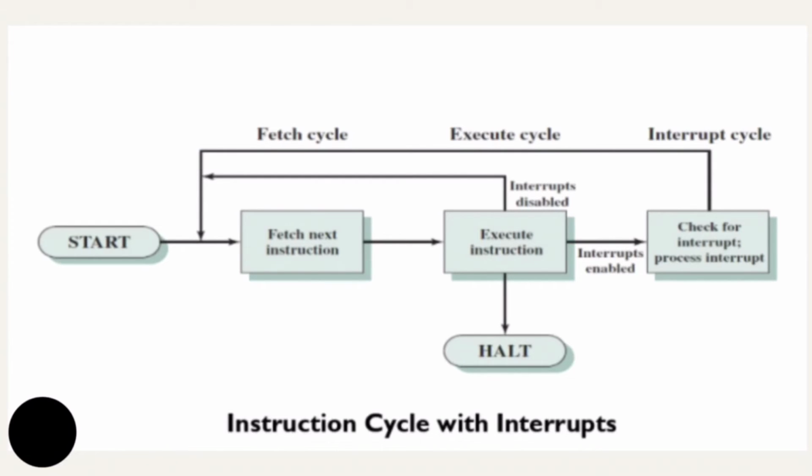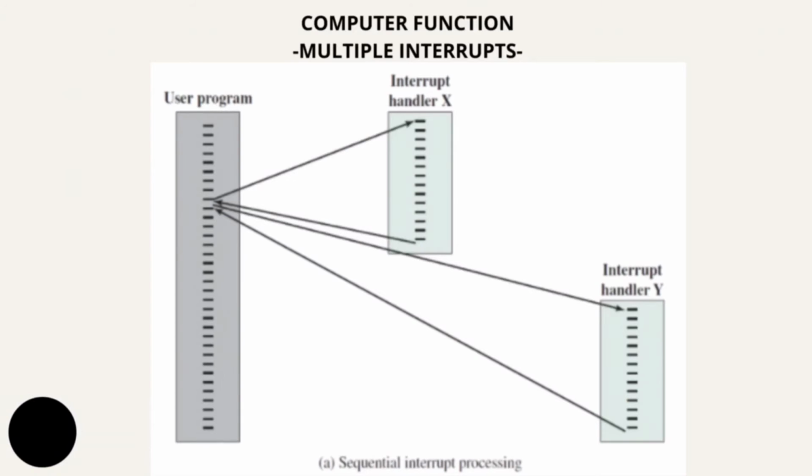Sequential interrupt processing. Disable interrupts while an interrupt is being processed. The processor can and will ignore that interrupt request signal. If an interrupt occurs during this time, it generally remains pending and will be checked by the processor after the processor has enabled interrupts.